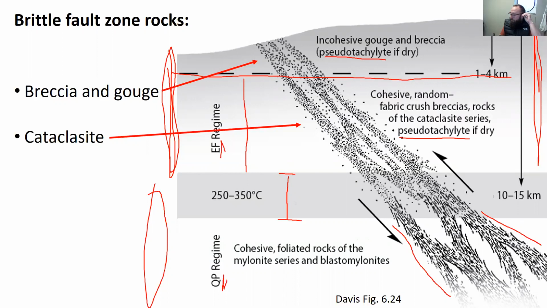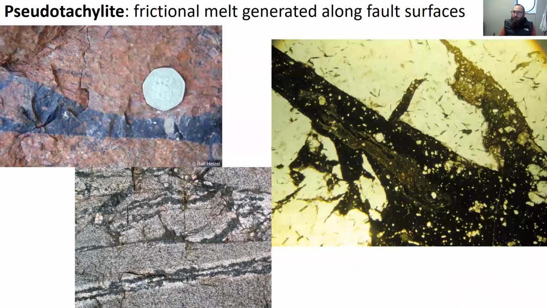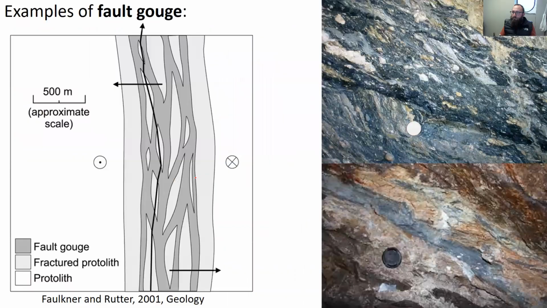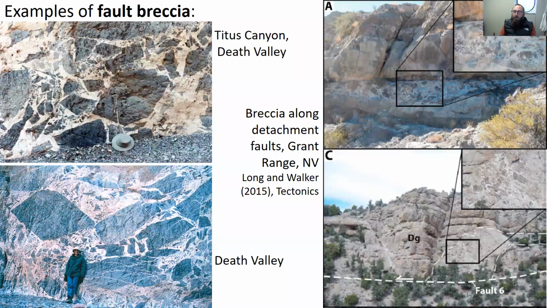Okay, so let's look in more detail at breccia rocks. Okay, so again, breccias are unsorted, angular clasts. You can see these nice angular clasts in here of wall rock set in a finer grained matrix of crushed wall rock, and the matrix composes 30% or less of the breccia, and is subordinate to the angular clasts.